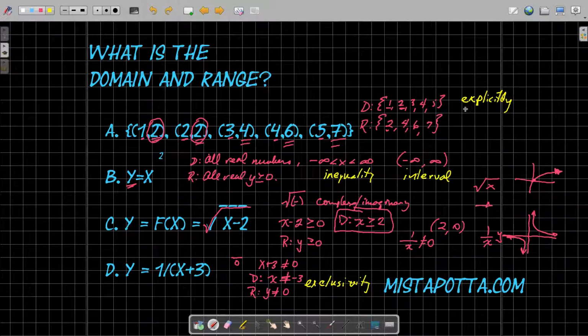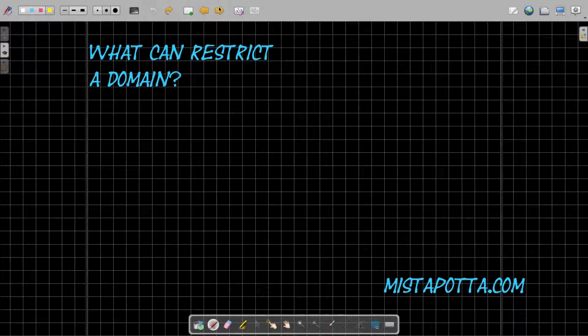Because I can either explicitly tell you what's in there, I can tell you what's not in there, or I can give inequalities or intervals to tell you the range of values that are acceptable. And so we have to figure out what different things can actually affect the domain.